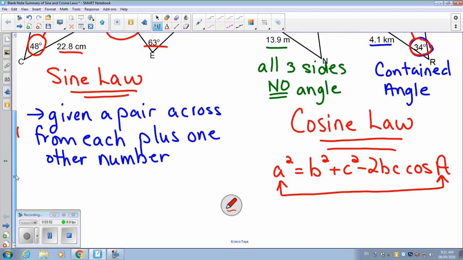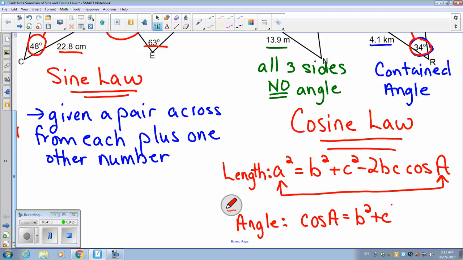And if I know all 3 sides, I can figure out an angle. So this formula lets you figure out a length of a side, and we can also figure out an angle by using the other version.